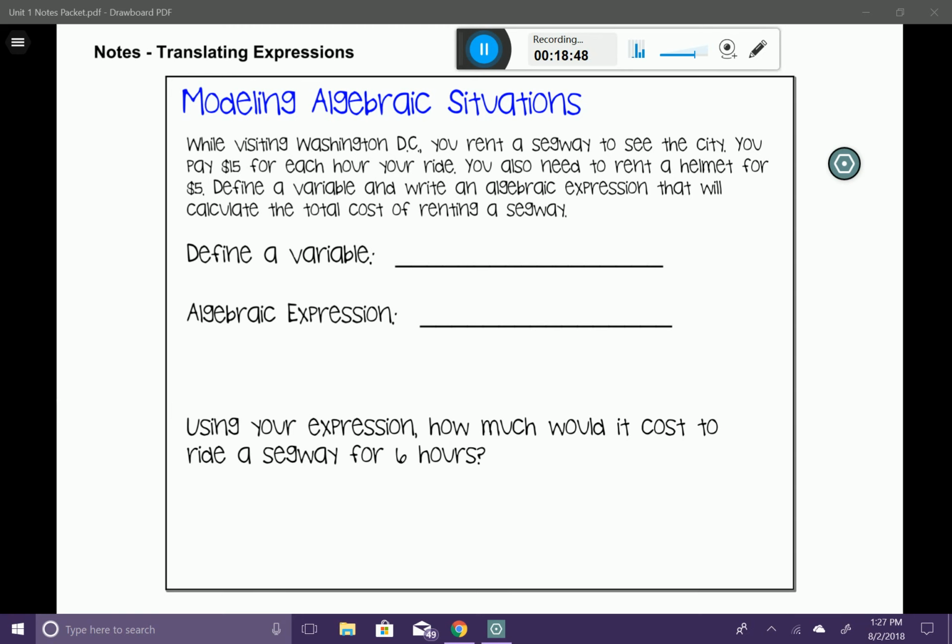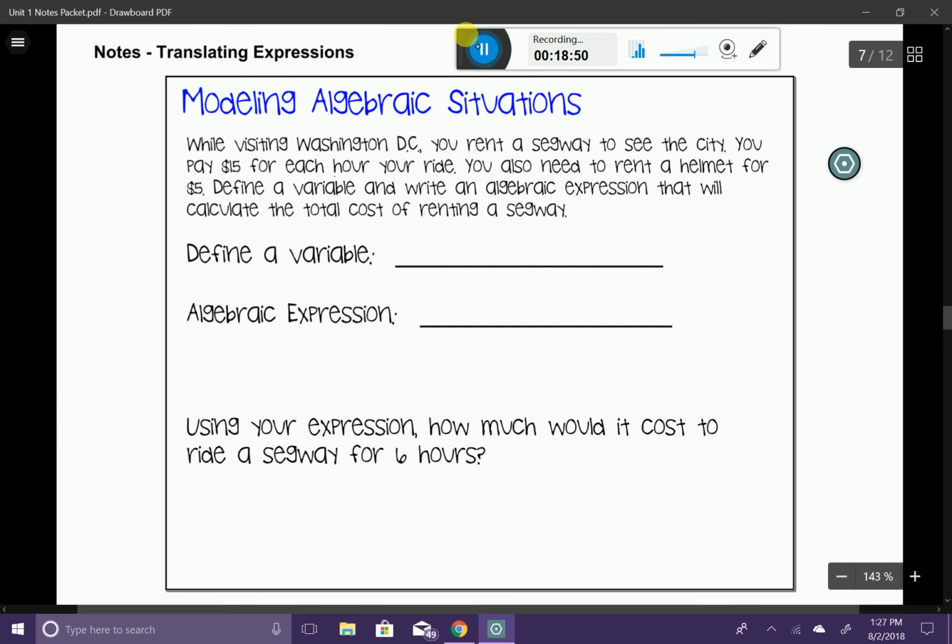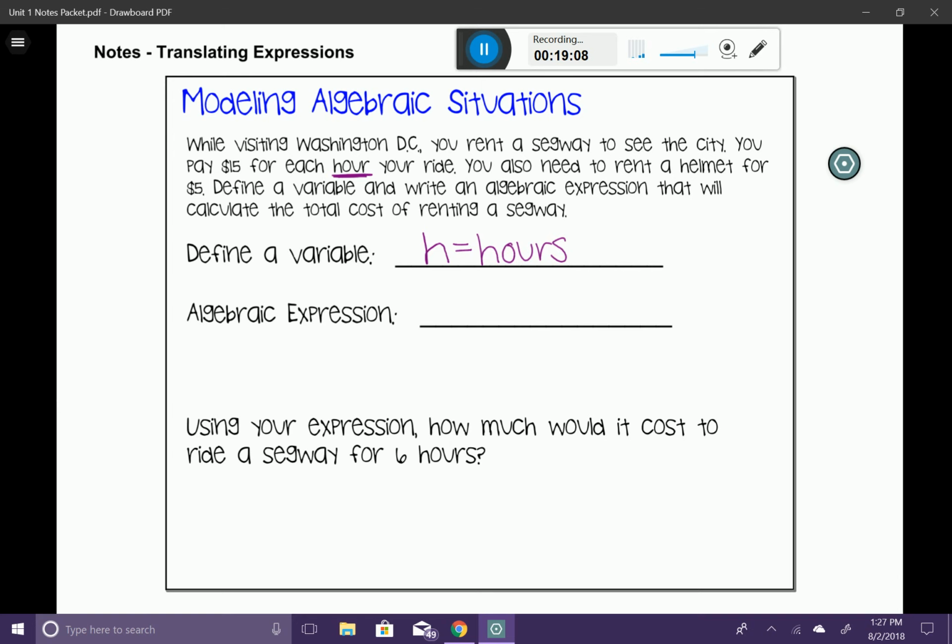So that is going to indicate that our hour is going to be our variable that's unknown because we don't know how many hours we're actually going to spend on the Segway. So I'm going to label that as H. H is going to be my variable, and it's going to indicate hours. And whenever I have a situational expression like this, I like to give my variable the letter of what I'm talking about. So hour starts with an H, so I'm going to label it H. Just makes it easier sometimes.